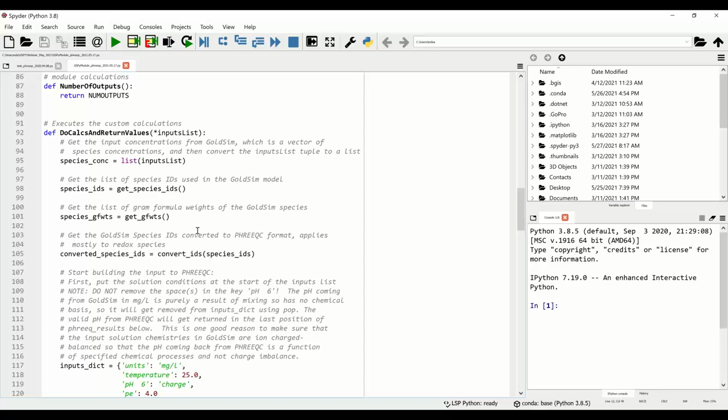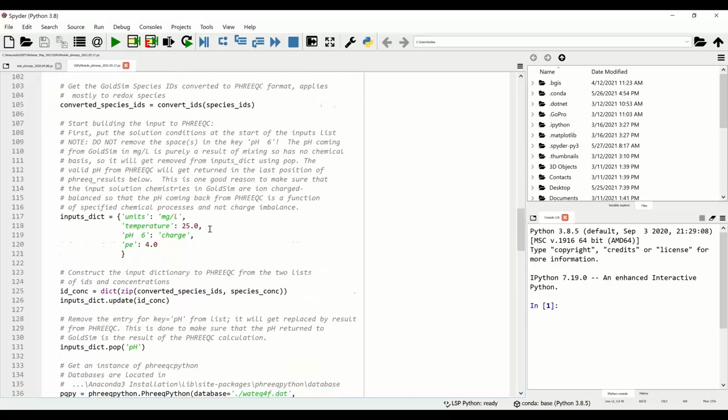If you wanted to put in sulfate, you would put it in as S, and then parentheses 6 or +6 to indicate the +6 valence state. But GoldSim cannot use parentheses, or a negative sign or a plus sign. So a lot of the code here is sorting through the names of the species and then converting them either to what Phreeqc can use, or reconverting them back to what GoldSim needs to have.